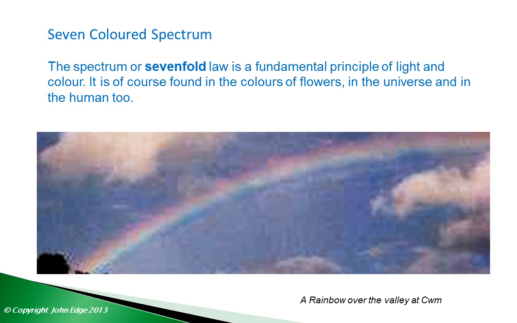And it, of course, is found in the colors of flowers. It's found in the human structures too, as we've noticed before, and found in our universe, in the fact that light energy suffuses the whole universe. And so it's one of the most important laws that we know.